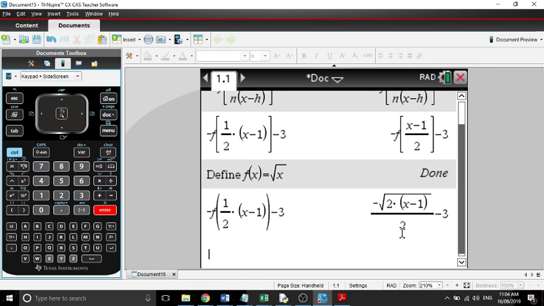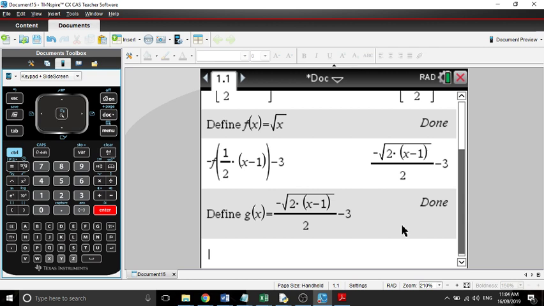Now, to check to see if it makes sense, we're going to define g of x as this, and then we're going to graph them both. So we're going to make a new graph.